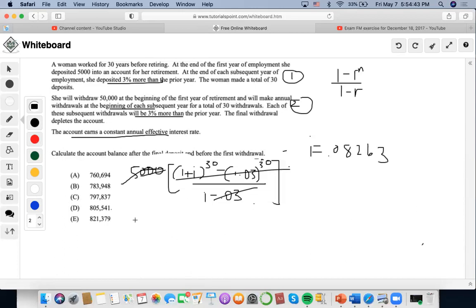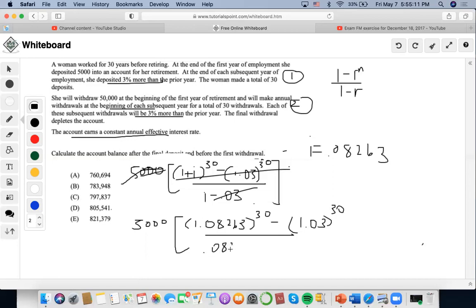Then I'm going to input it here, so I'll do 5,000 times 1.08263 to the 30 minus 1.03 to the 30 over 0.03.